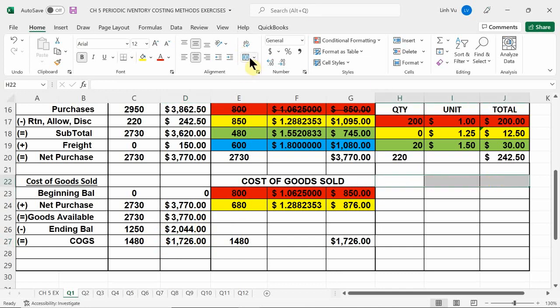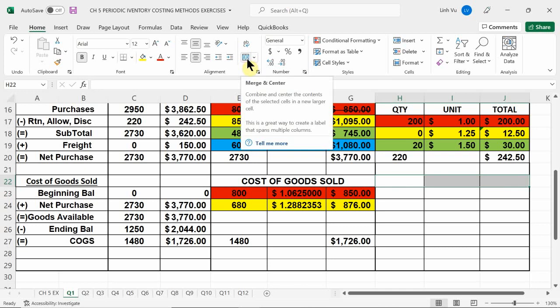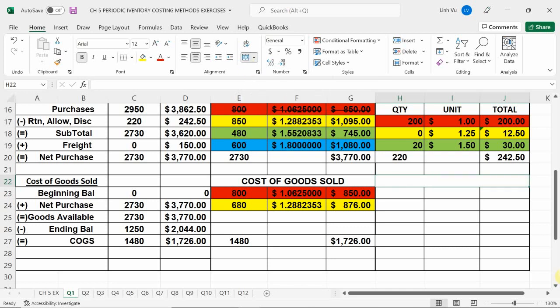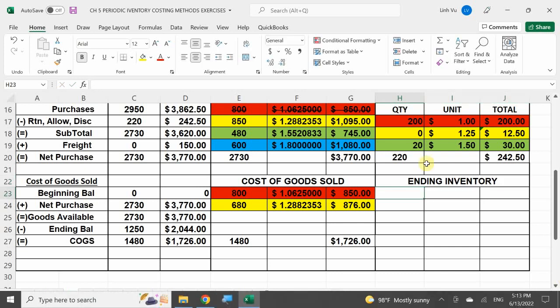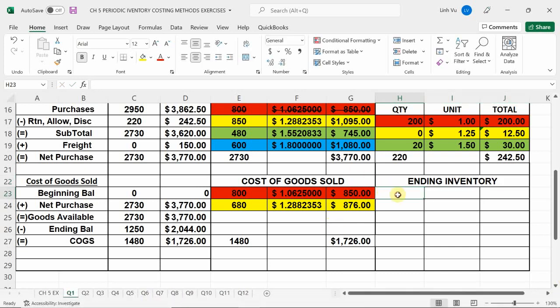Or what you could do as well is maybe build yourself a little table, because the important thing about having your ending balance on your inventory is it's going to show you what you have left on hand. So for this case, I know I have my yellow batch, my green batch, and my blue batch.